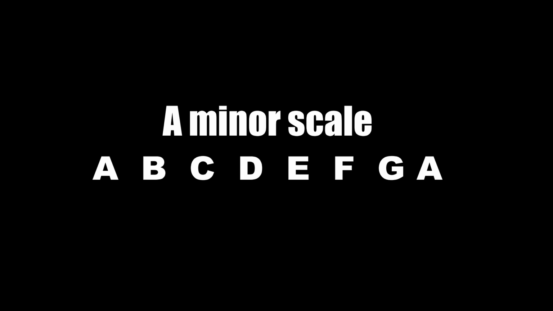So by dropping the third, sixth, and seventh notes of the A major diatonic scale, I have found the A minor scale. And the notes of the minor scale are A, B, C, D, E, F, G, A.